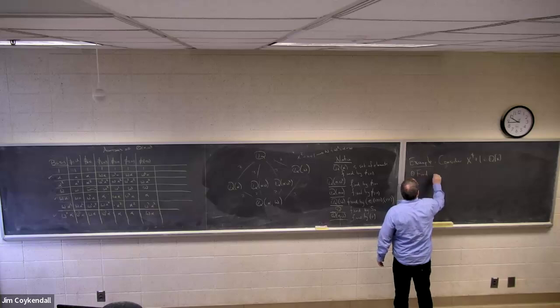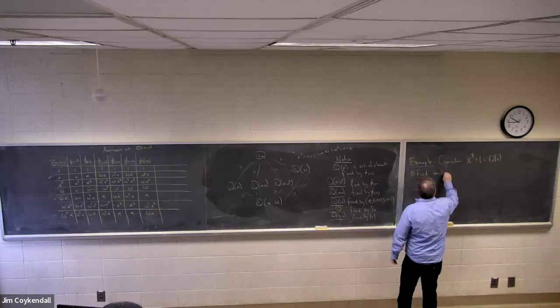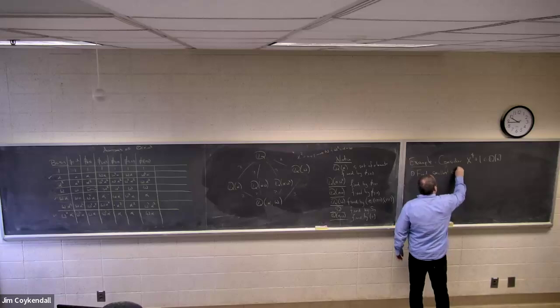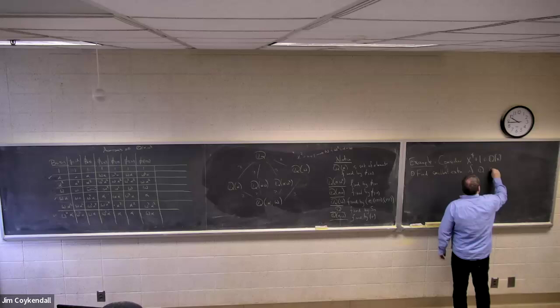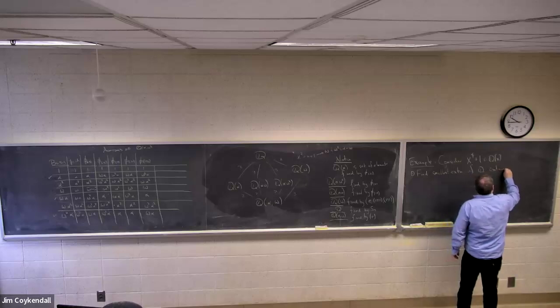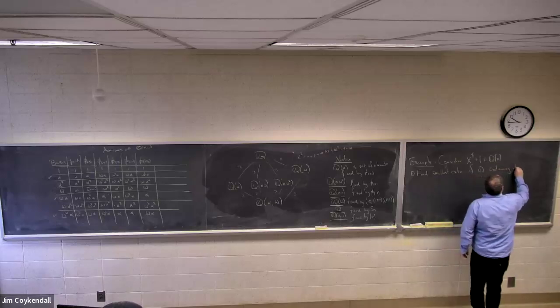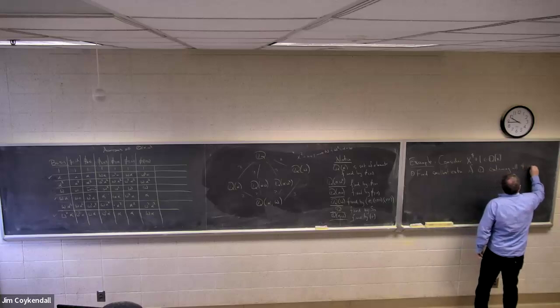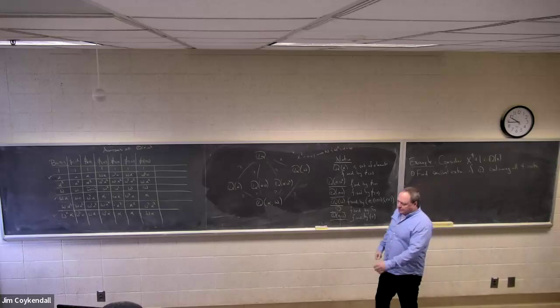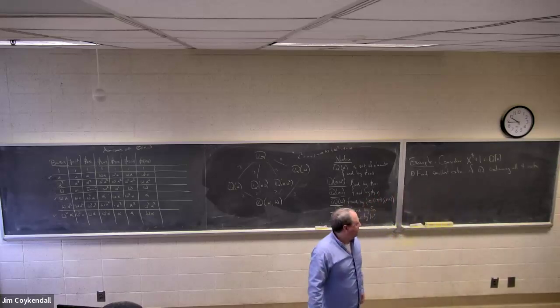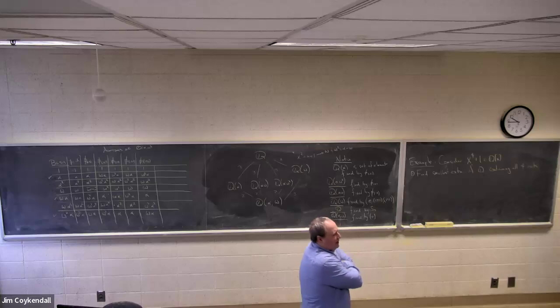First, find the smallest extension, and then you need all 4 of these roots. Right, this has 4 complex roots. How would I do that?